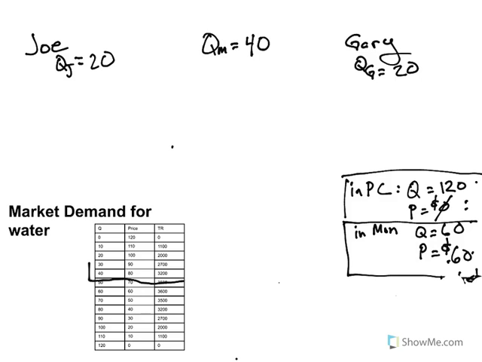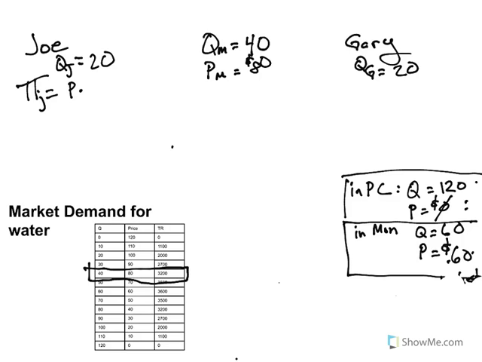So if they each produce 40 gallons of water, then the market price is $80. So let's see how each of our guys fared. What is their profit? So Joe's profit is total revenue minus total cost. Well, we don't have to worry about total cost, so it's just total revenue here, right? This is a costless good to produce.